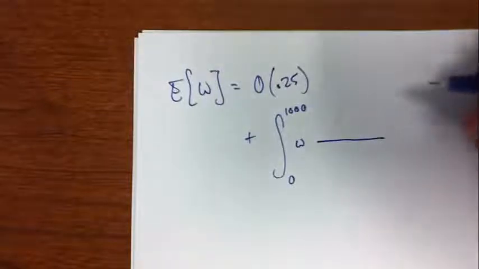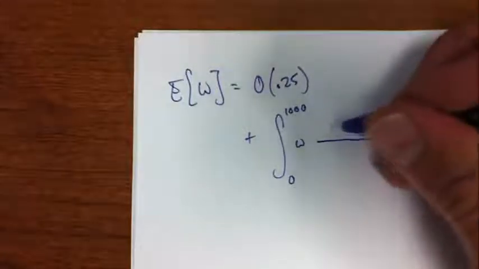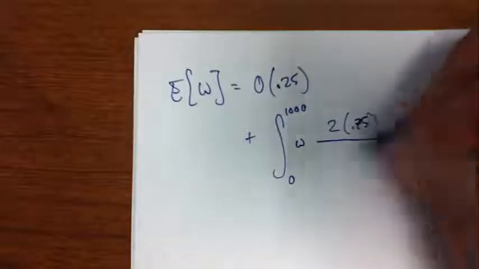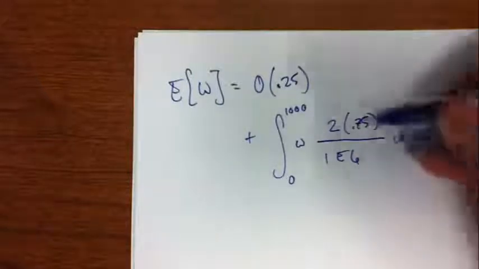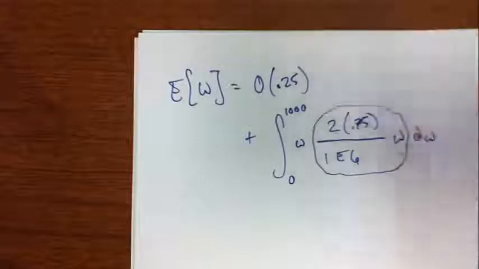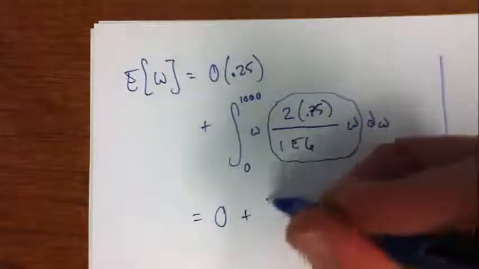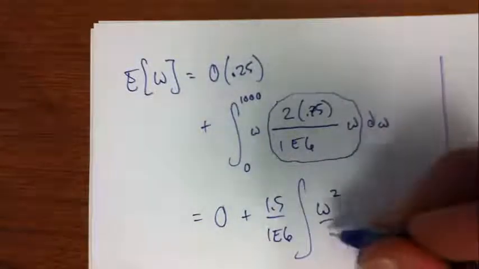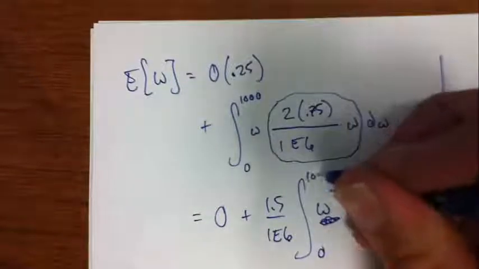I've already determined that the remaining part that's not discrete, where we have this density function part, is 2 times 3/4 over a million, W dW. So this part right here is like your density function part. This first part is just 0, of course, and then plus 1.5 over a million times the integral of W squared dW from 0 to 1,000.